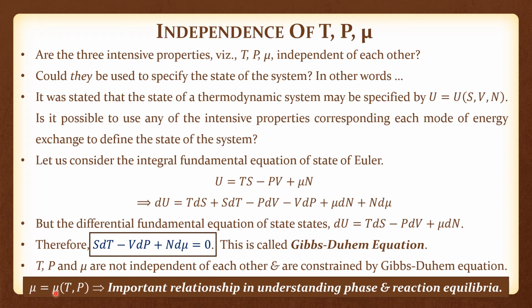Using which we must be able to predict reaction equilibria or phase equilibria. All the relationships that you have encountered in phase equilibria and reaction equilibria arise out of this fundamental constraint. This is an important conclusion that I wanted to draw your attention to.